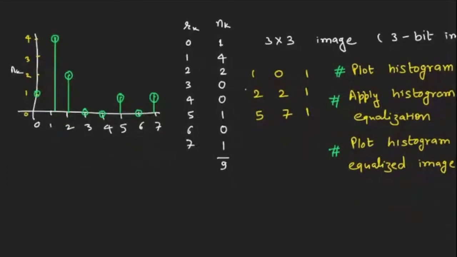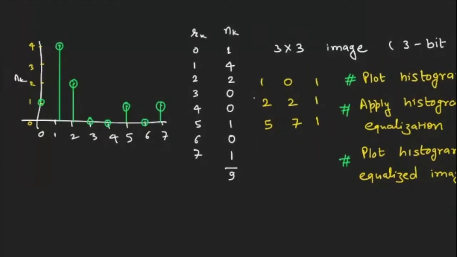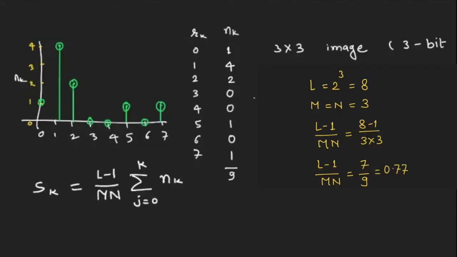Now we need to calculate the histogram for the equalized image. Our equation is, you calculate SK, which is equal to L minus 1 divided by MN, summation of j from 0 to K of Nk. So with that, let us calculate.